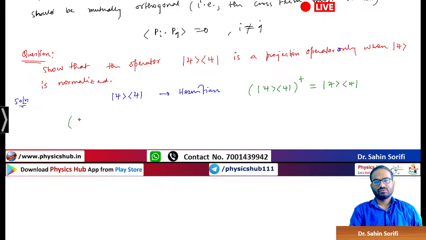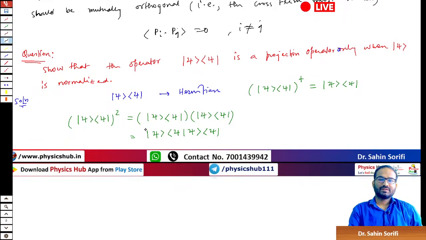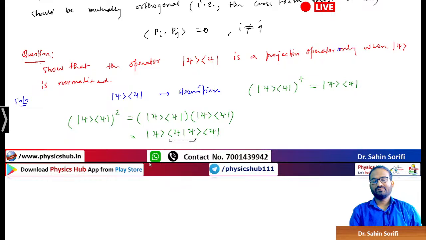To prove the next property, we are taking the square of it. Squaring means writing it twice. As you can see, this is ket psi, bra psi, ket psi, bra psi. Now you see this portion: if psi is normalized, this is 1.